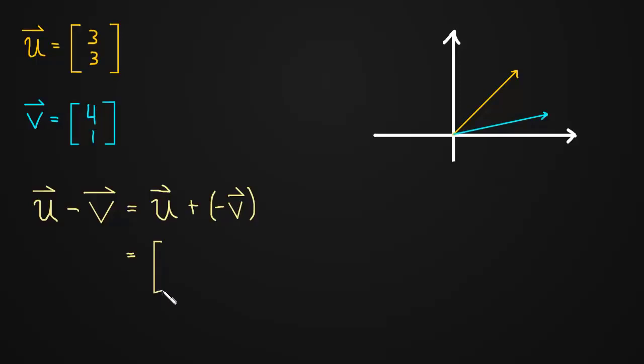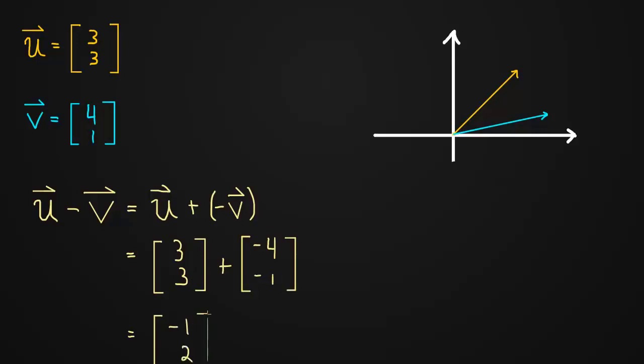So we're just going to have u, which is 3, 3, plus -4, -1. Okay, simple enough. We do that addition and we get 3 plus -4 is -1. 3 minus 1 is 2. And so this subtraction is just this new vector, -1, 2. Simple enough.